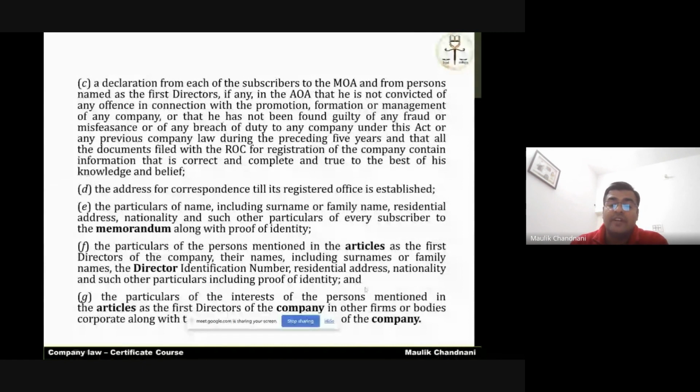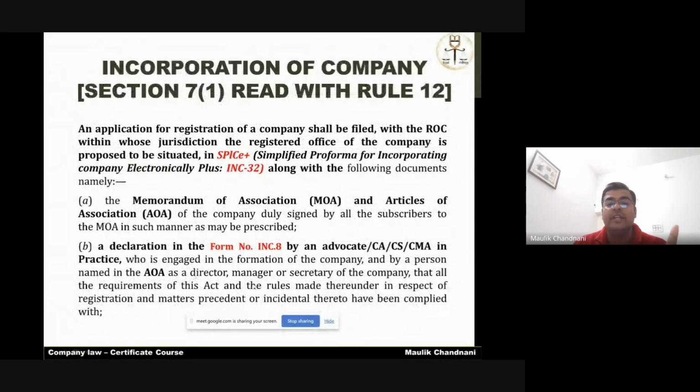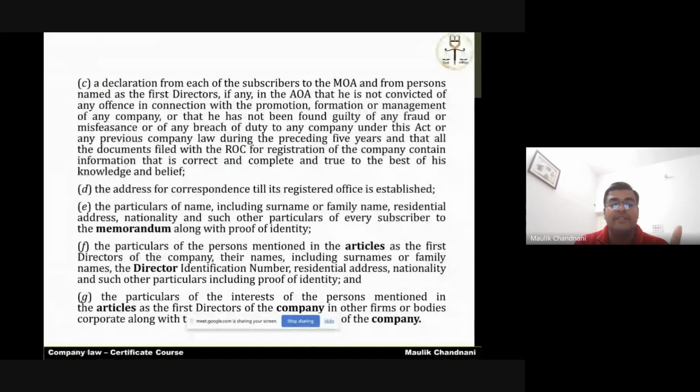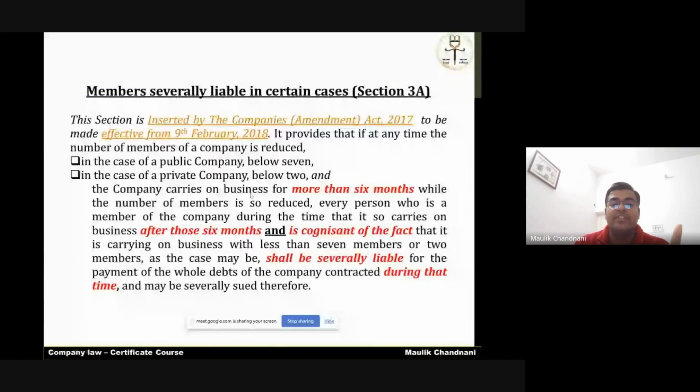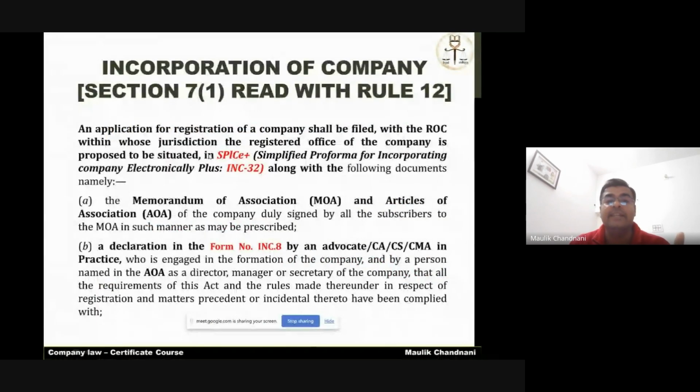What is their nature of interest with other firms, other body corporates? You need to mention those particulars. So these are certain documents which you need to attach. These documents will be sent as attachments to the main form, that is SPICE Plus.